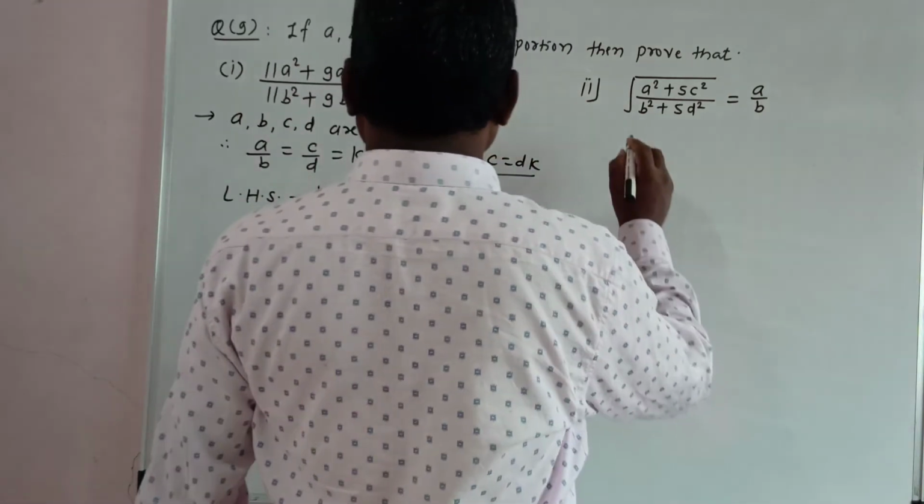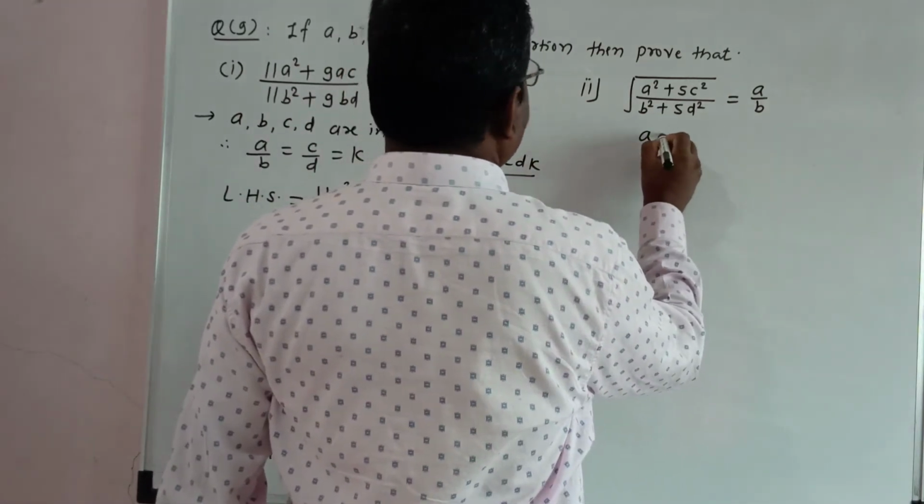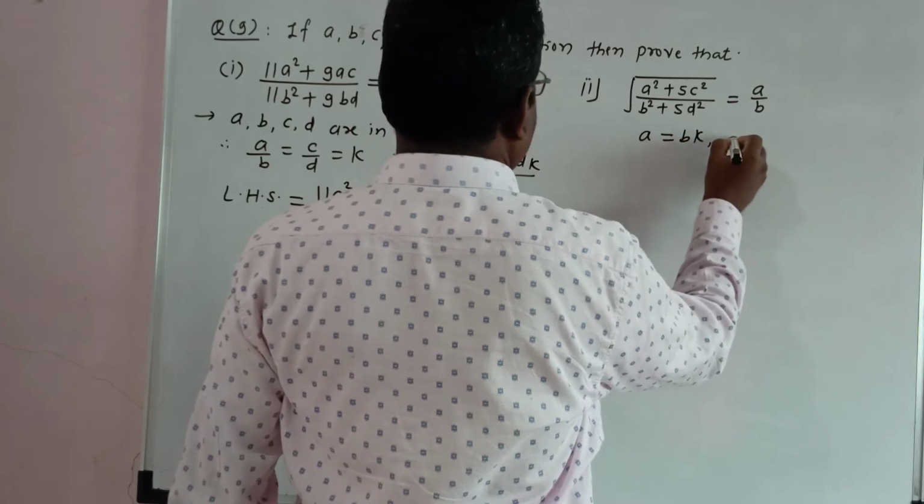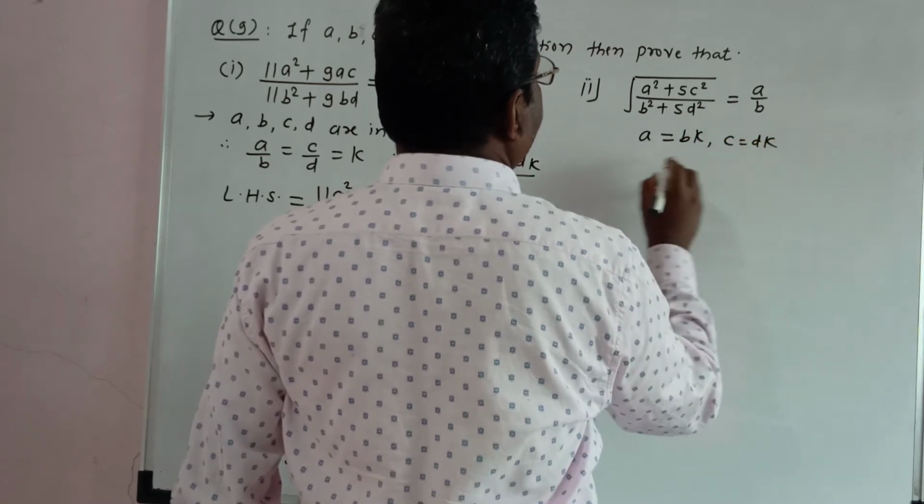Now example number 2. Here also we have to put a is equal to bk and c is equal to dk.